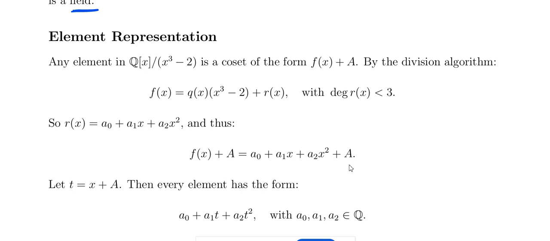So r of x equals a0 plus a1 x plus a2 x square. Then f of x plus A is expressed this way, am I correct?